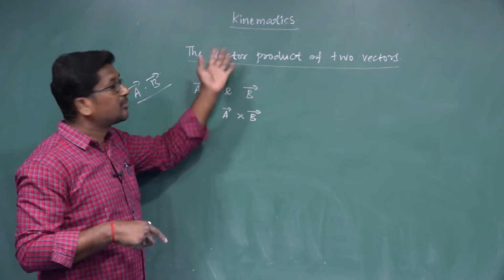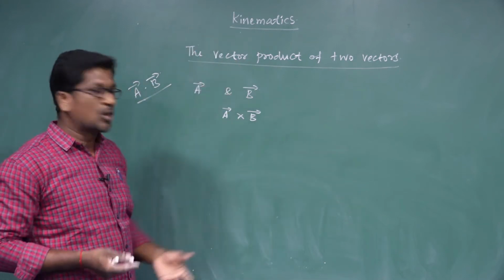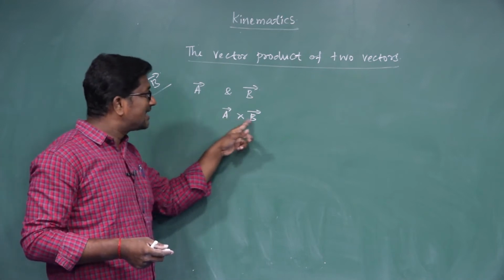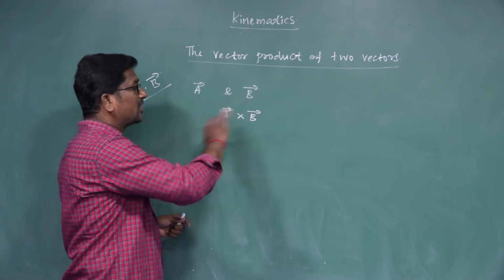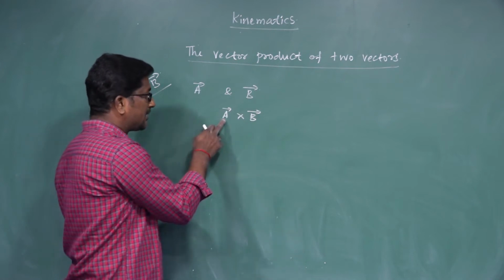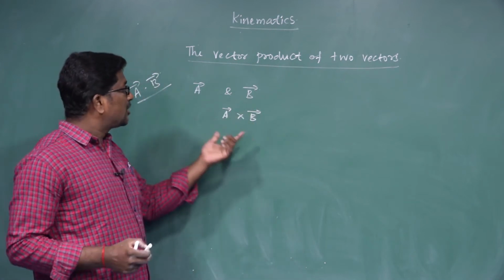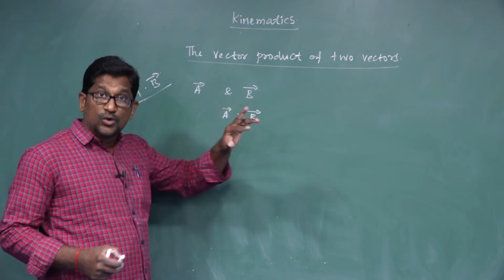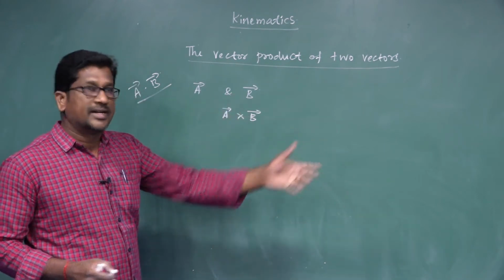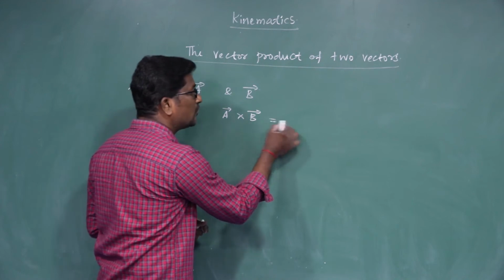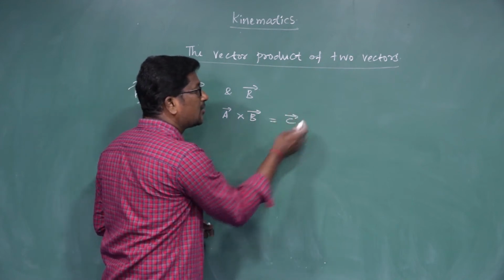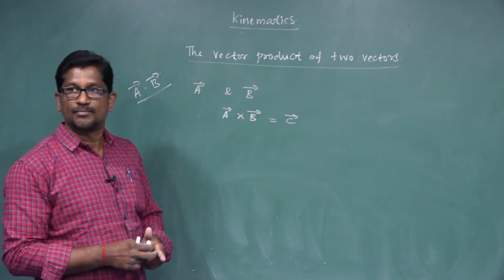That is why vector product is also called cross product. Here A vector cross B vector. The vector product of two vectors gives another quantity which is also a vector quantity. Suppose it is represented by C vector.